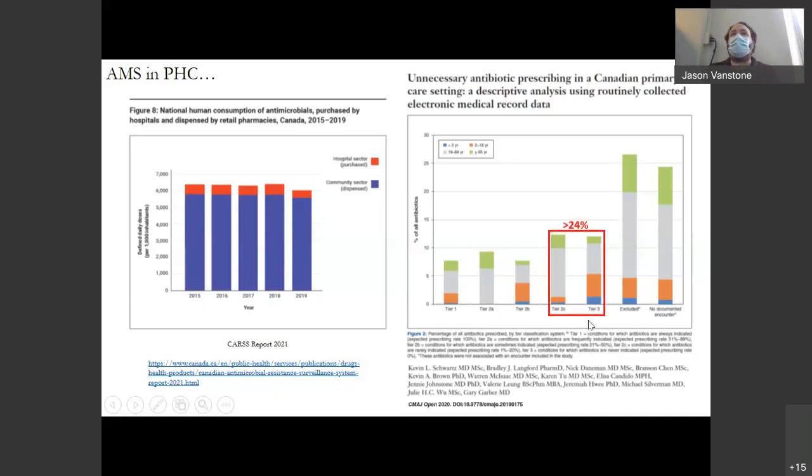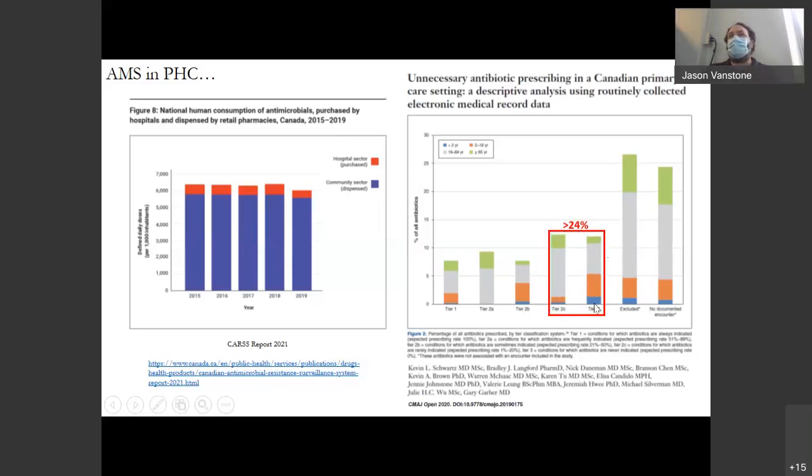But the piece that I want to talk about is these tier 2C and tier 3 antibiotics. These are indications for which an antibiotic would rarely be needed or never. And so together, those make up 24% of the antibiotics that were prescribed. So, things like maybe otitis media in adults, where you would rarely need an antibiotic, or sinusitis or something like that.